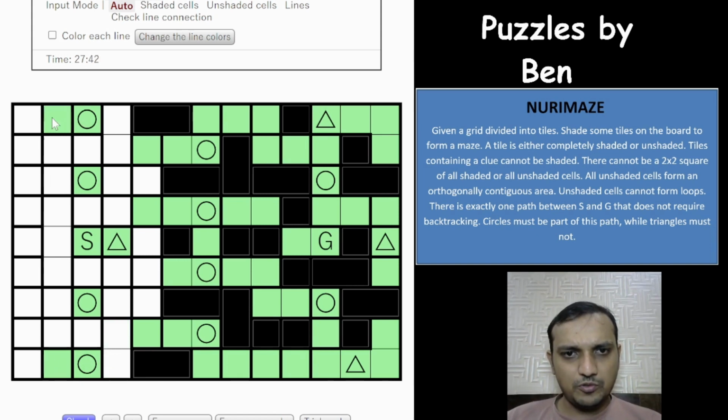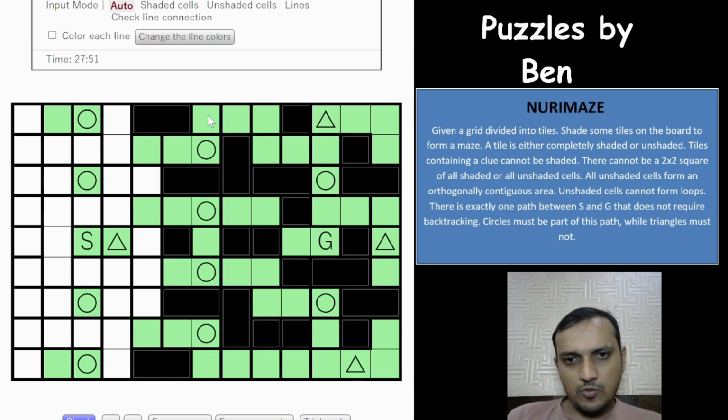I can see the same for this circle as well. Okay, come on, now we have, of course for this circle this cell cannot be the path. If this cell is the path, then you form a loop here.